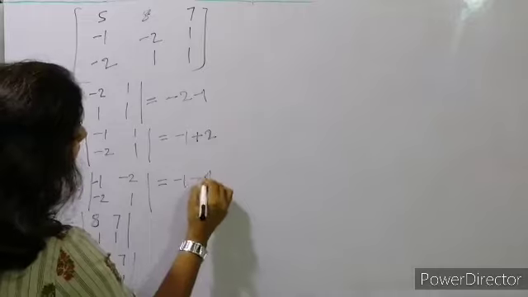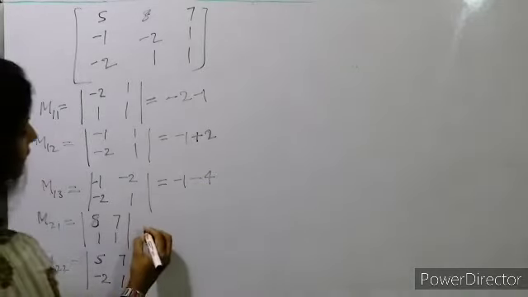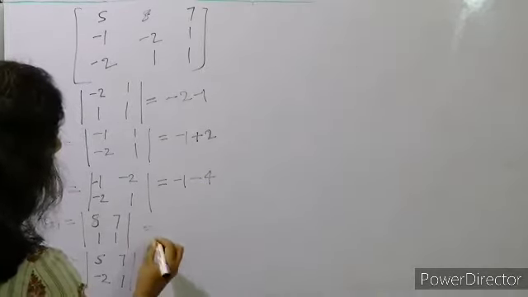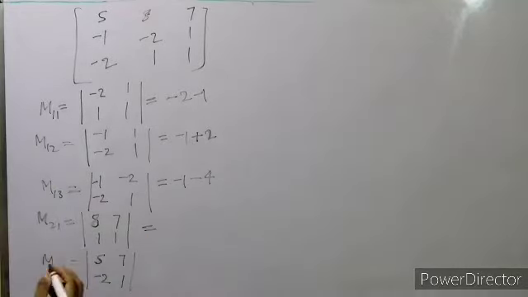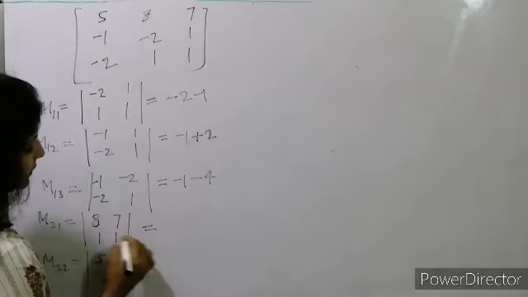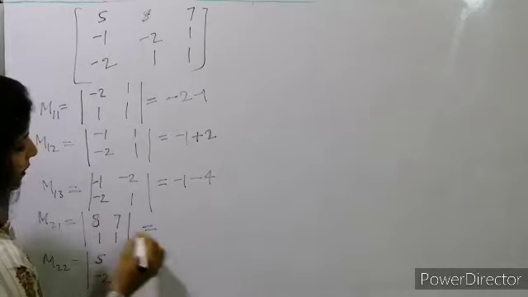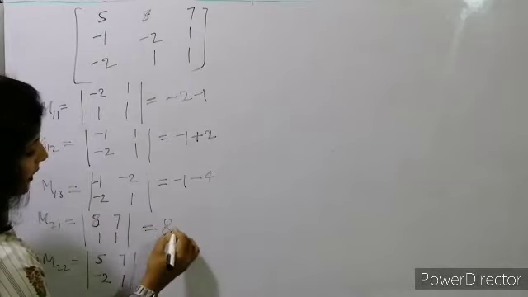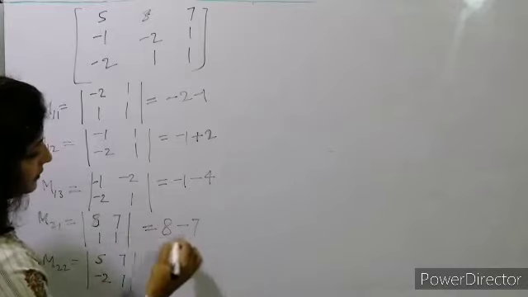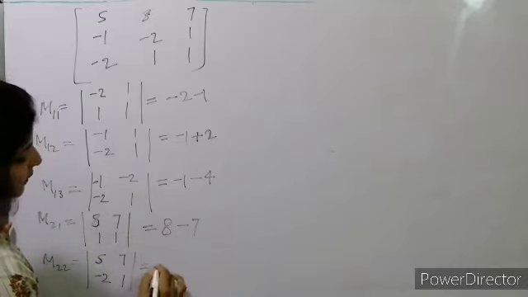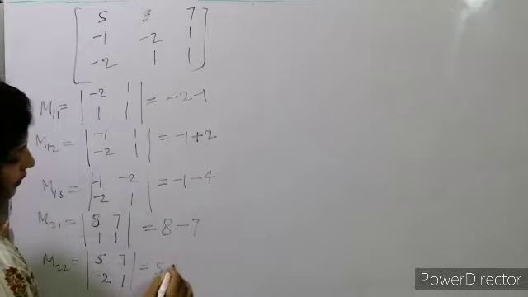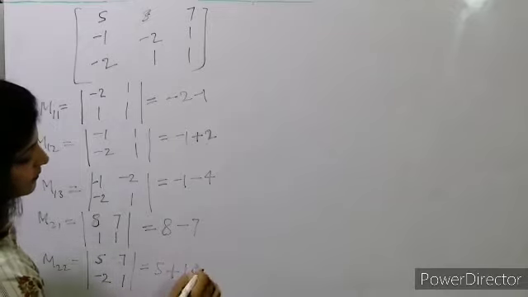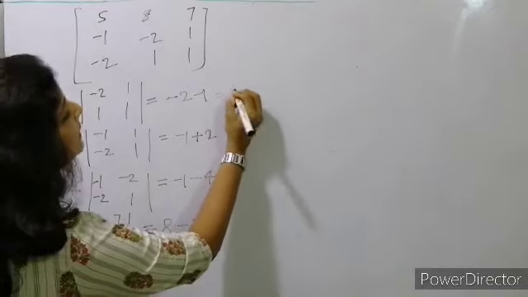So minus plus 4. Okay, 8 into 1 will be 8 and minus 7. 5 into 1 is 5, plus 7 into 2 is 14, minus 3.